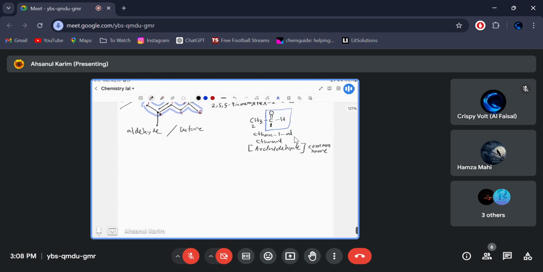For example, this is methanal. The IUPAC name is methane, then since it is an aldehyde you have to add al, eliminating the e according to the rule, then you have methanal. What is the common name of methanal? Formaldehyde. Understandable? This is the common naming for methanal.